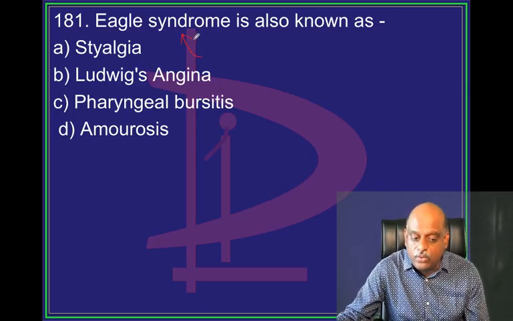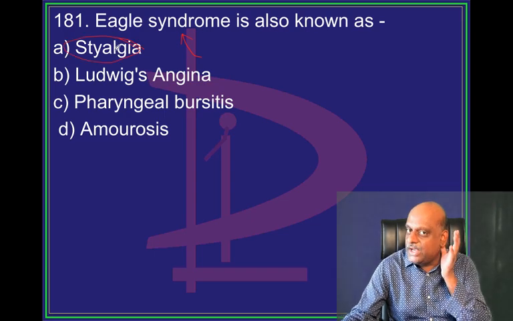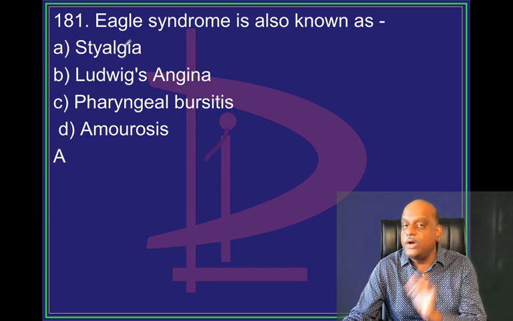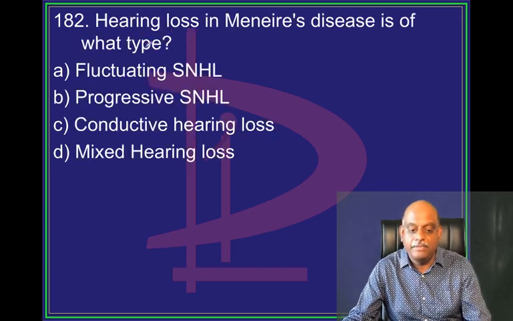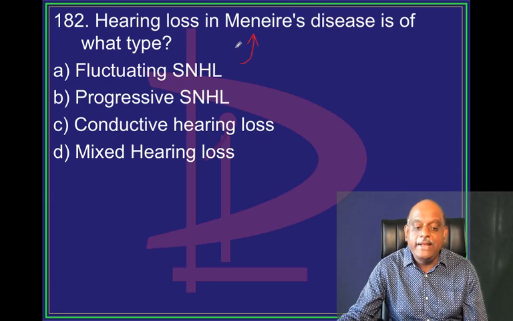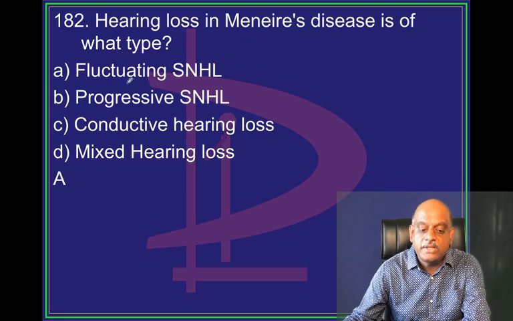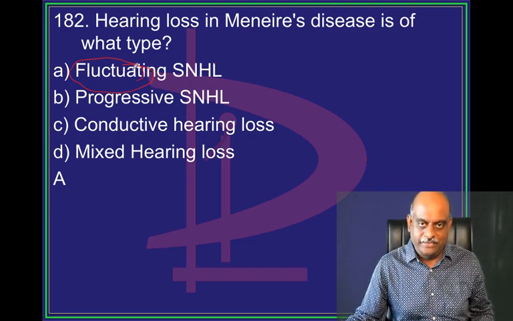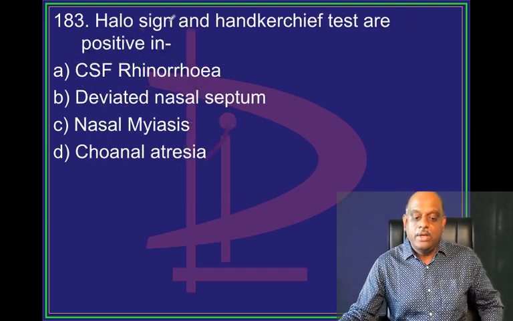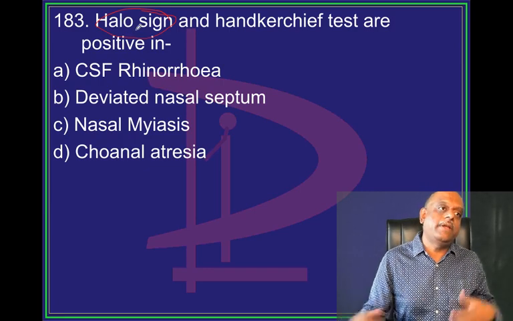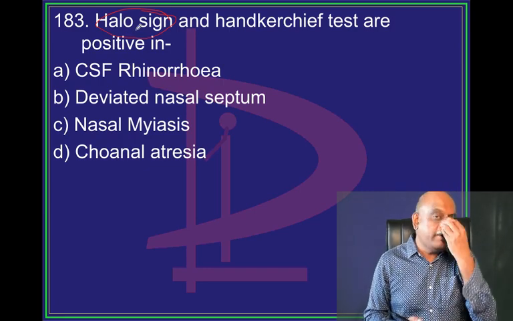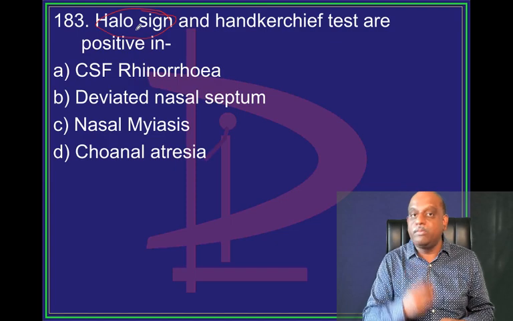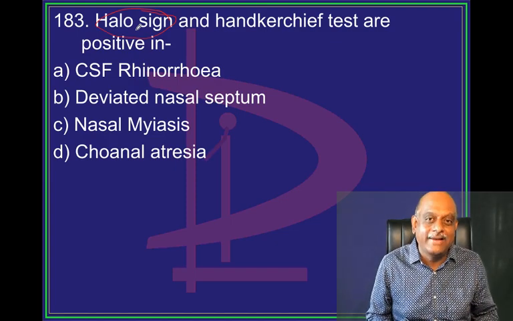Eagle syndrome, typically stylalgia, stylomastoid foramen area mein pain. Hearing loss of Meniere's is a fluctuating sensorineural hearing loss, right, doctor? Now, halo sign, if you want to differentiate whether what is coming out of the nose is common cold mucus or a CSF rhinorrhea.